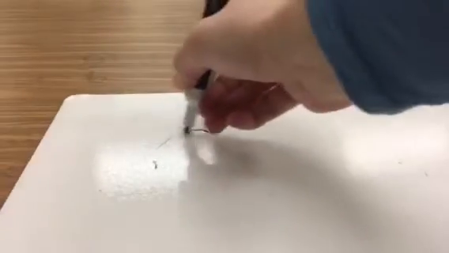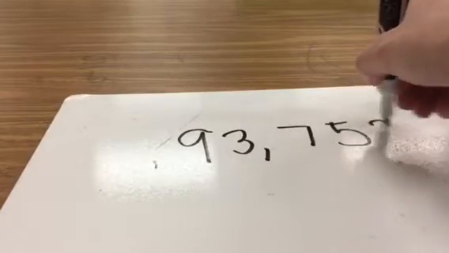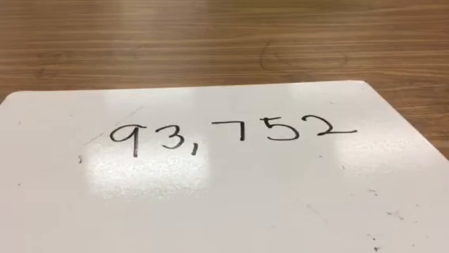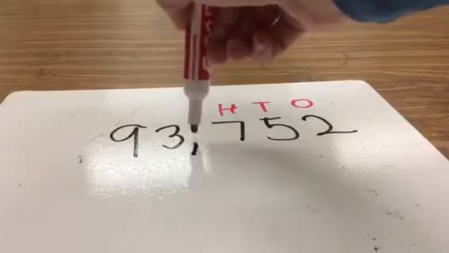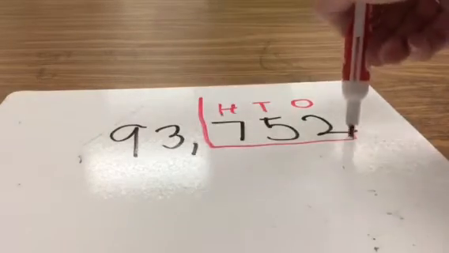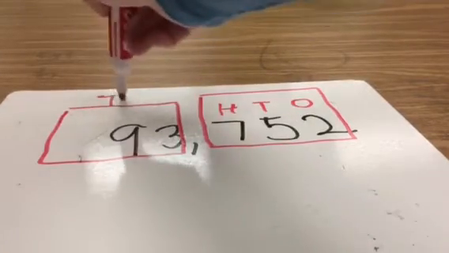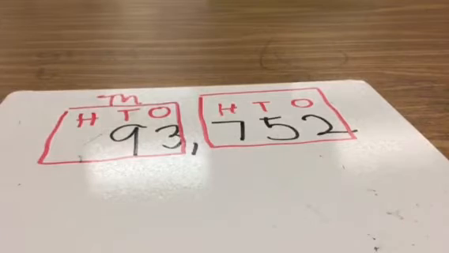Okay, number 1. What place is the 7 located in the numeral 93,752? So I'm going to label my HTO. So HTO, remember always they're in groups of 3. And this is the thousands house, HTO. And I want to know about the 7.